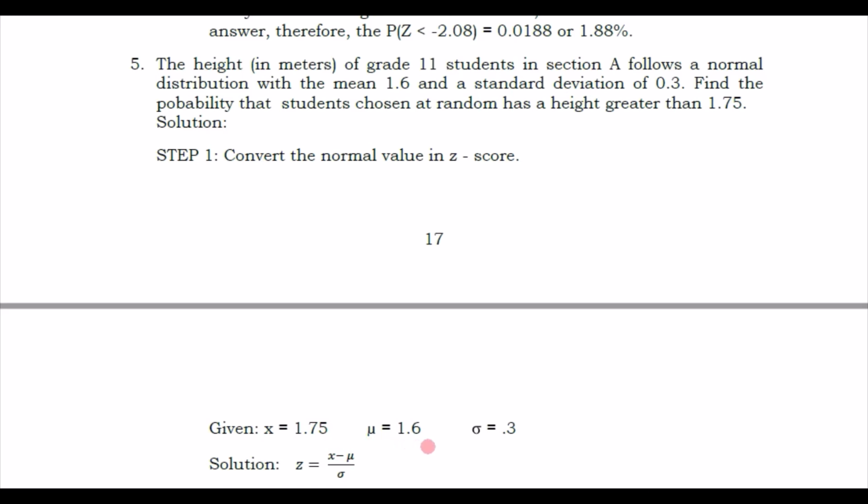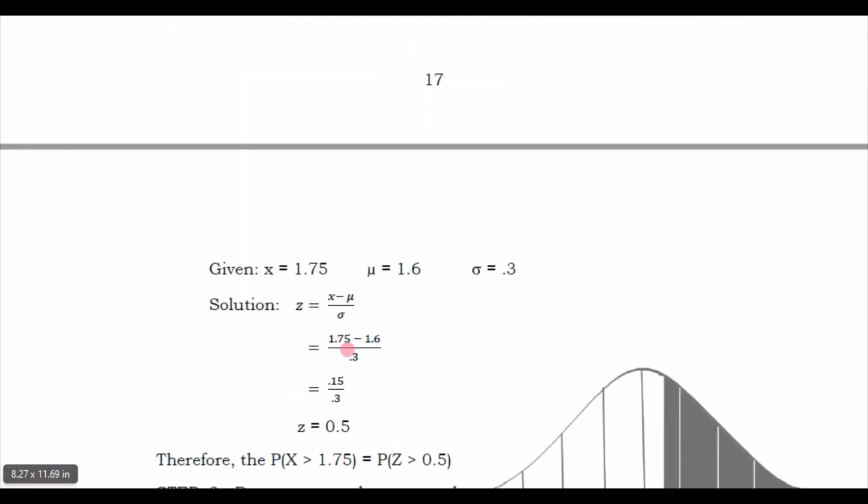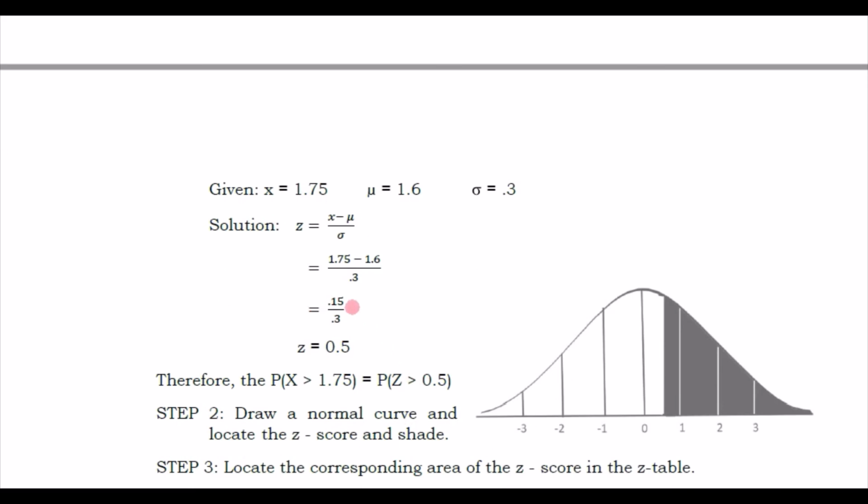We have a mean of 1.6 and the standard deviation of 0.3. So substitute lang the value to the formula. Okay, so x is 1.75 minus 1.6 over the standard deviation of 0.3. Okay? So, compute lang natin yan. We will have z is equals to 0.5.